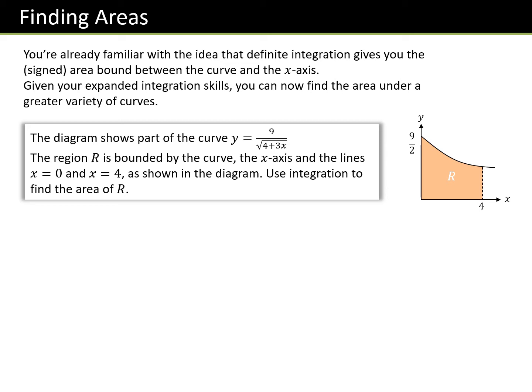So the diagram shows part of the curve y equals 9 over the square root of 4 plus 3x. The region R, so it's already labelled, is bounded by the curve, the x-axis, and the lines x equals 0 and x equals 4, as shown in the diagram. Use integration to find the area of R. So the area, as I've just said, is the integral of your function.